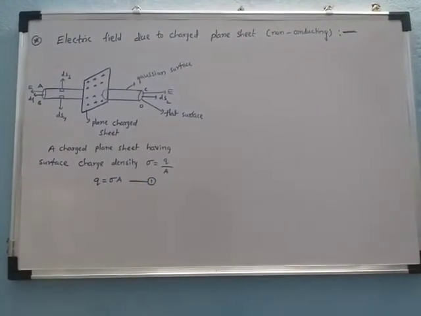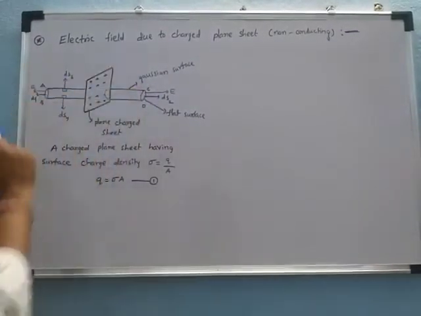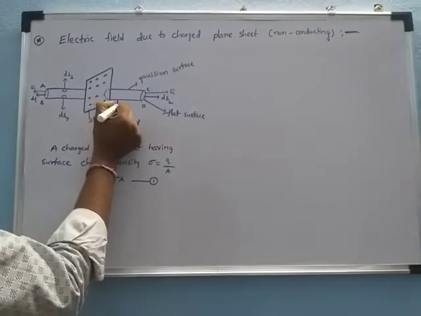Now we can find the electric flux through AB and CD and through the curved surface.